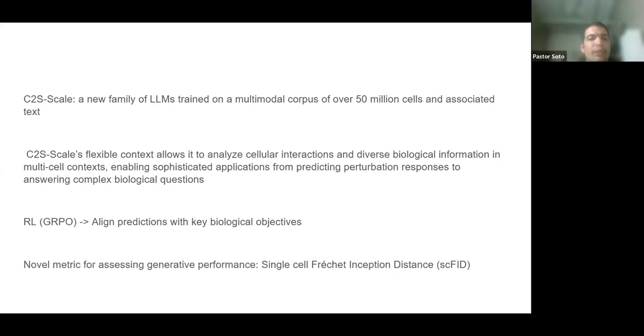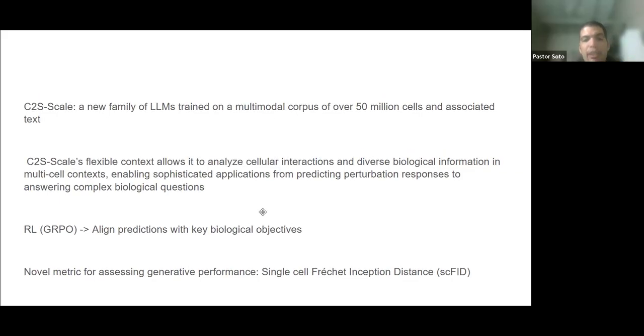That enables sophisticated applications for predicting perturbation response and answering complex biological questions. We will go into the details on the reinforcement learning, but they use GRPO to align predictions with key biological objectives, and they also propose a new metric for assessing generative performance, which is single-cell threshold insertion distance.